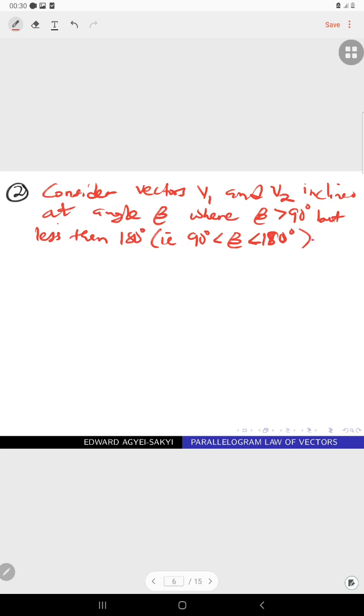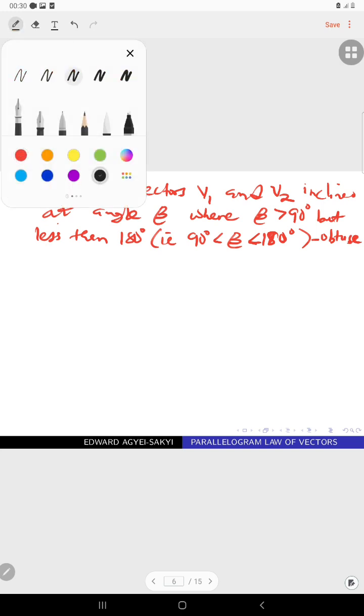And this type of angle, we call it obtuse. So here we are looking at the case where the angle is obtuse. Let me write it so that you can see. Obtuse angle. So if it is obtuse, how do you draw it?